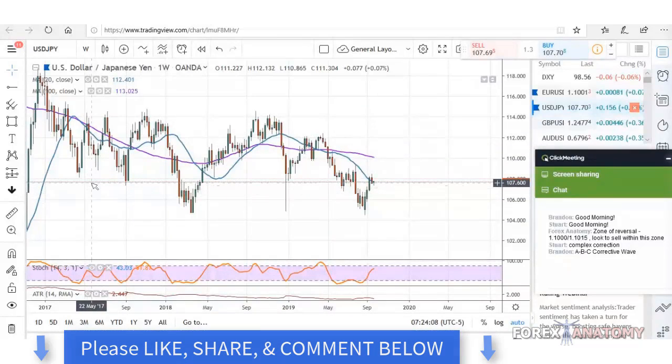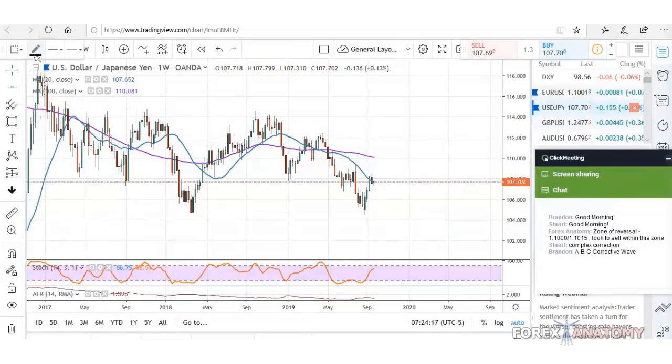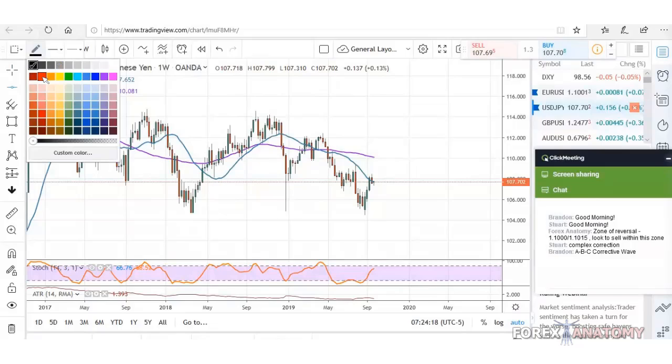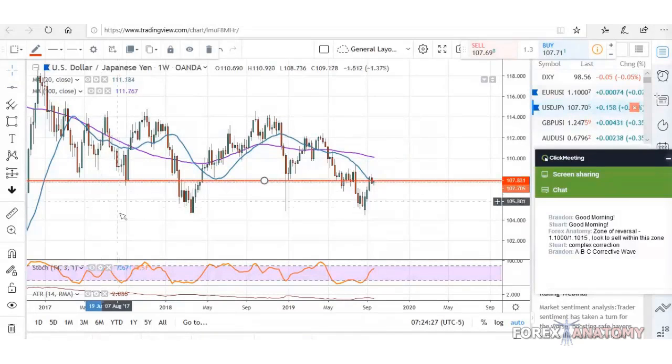And we can see that because price broke through these lows right here. Let me just draw this in so you guys can see it. Let me draw in this line. This represents our zone of support, right around here. Price functioned as support here.